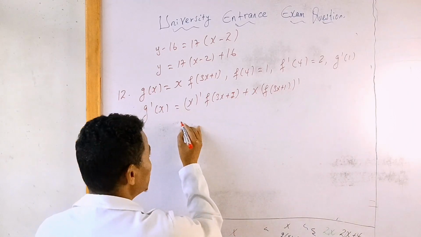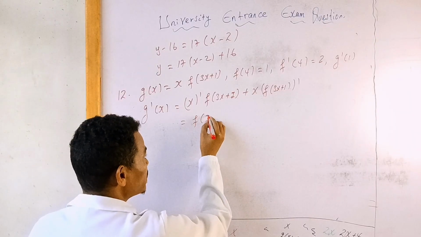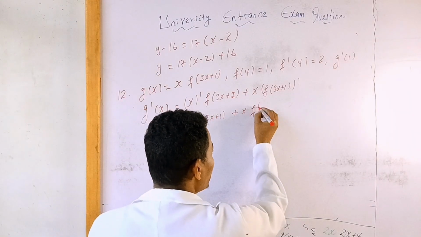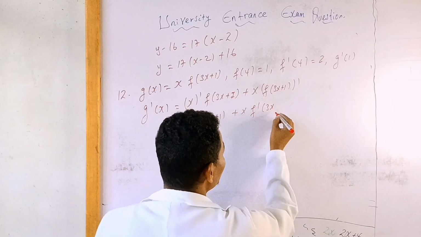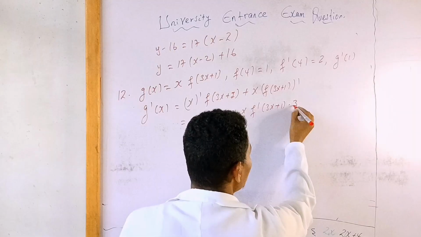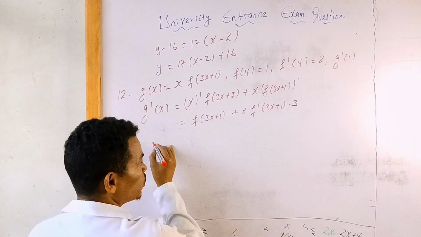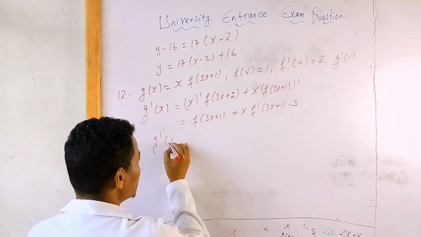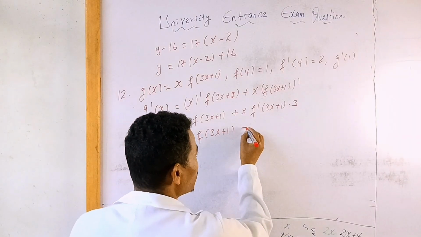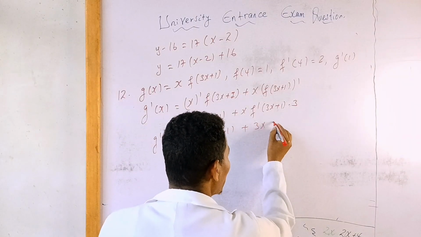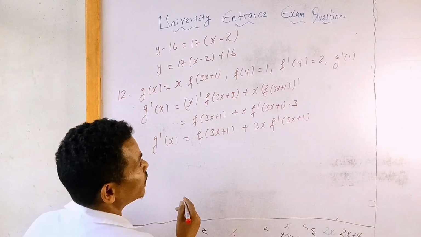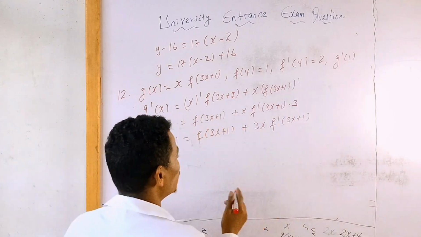The derivative of x is 1, so f of 3x plus 1 plus x times f derivative at 3x plus 1 times the derivative of 3x plus 1, which is 3. So g derivative at x is equal to f of 3x plus 1 plus 3x f derivative at 3x plus 1. Our aim is to find g derivative at 1.